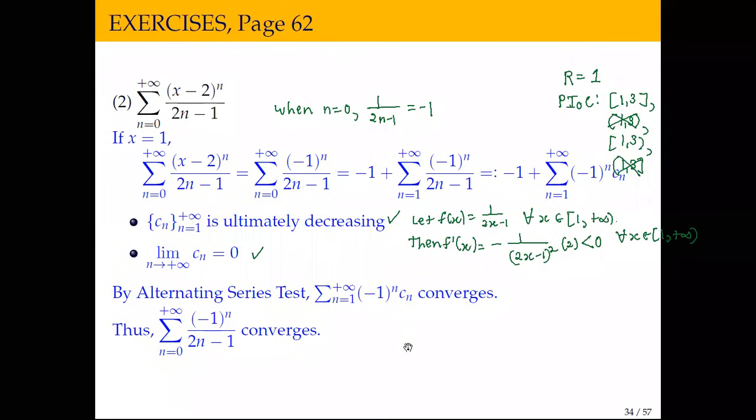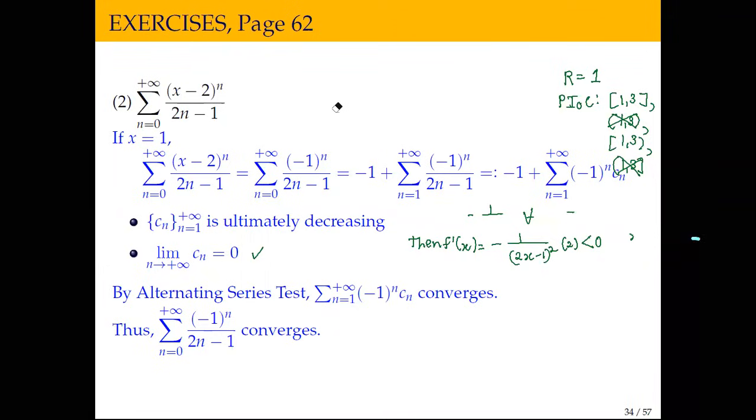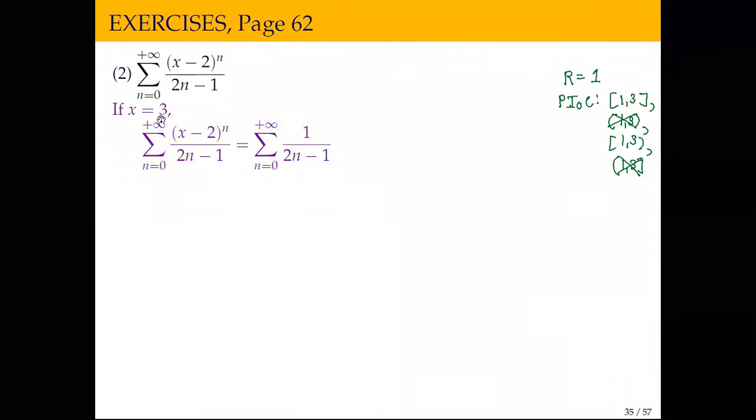Let us consider the case where x is equal to 3. Let's see kung magiging convergent tayo infinite series natin o hindi. If x is equal to 3, then this infinite series is just equal to this one. As you can see, this is algebraic over algebraic.